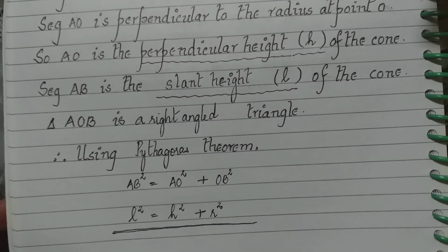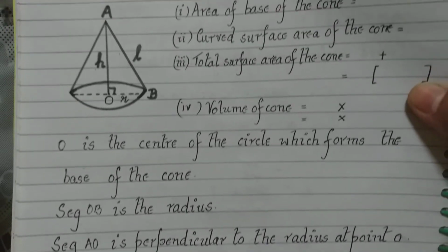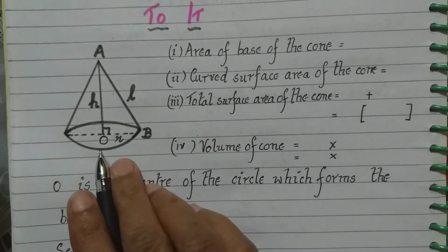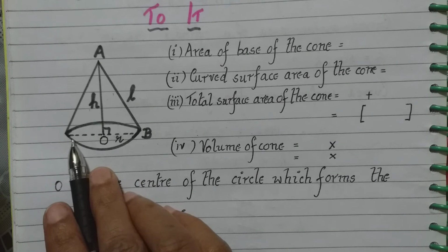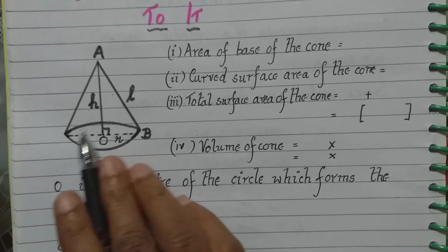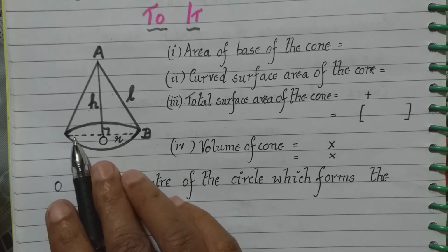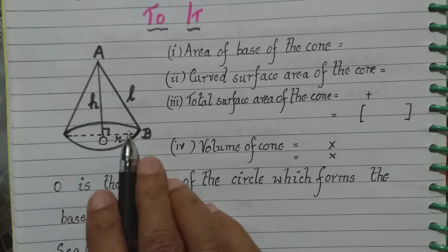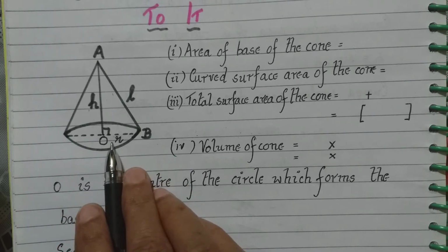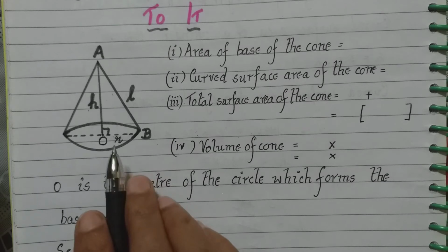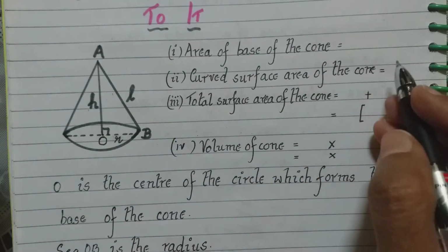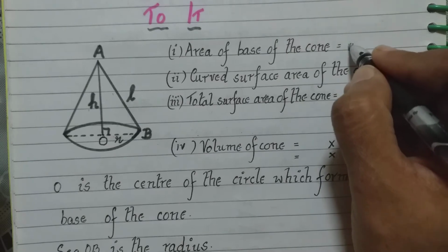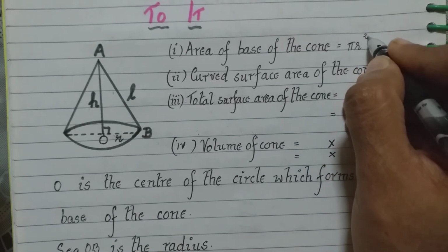Now we go to the different formulas to deal with the cone. First of all, this is the base and we said the base is a circle. So what will be the area of the base of the cone? Since it is a circle, the area will be the area of a circle, and the area of a circle is pi r square. So we can write area of the base of the cone is equal to pi r square.